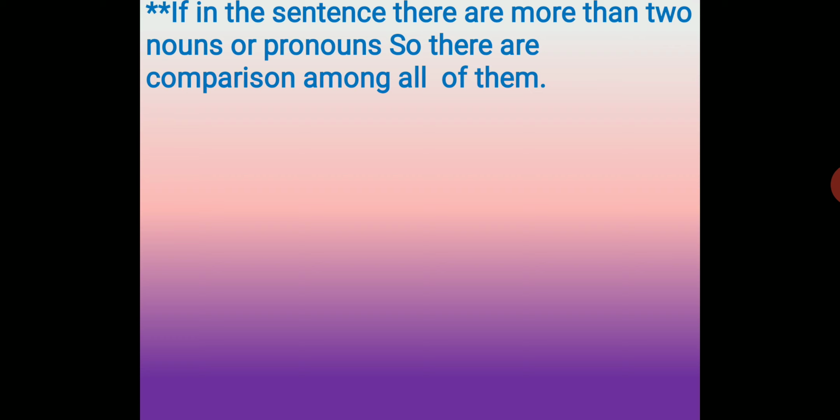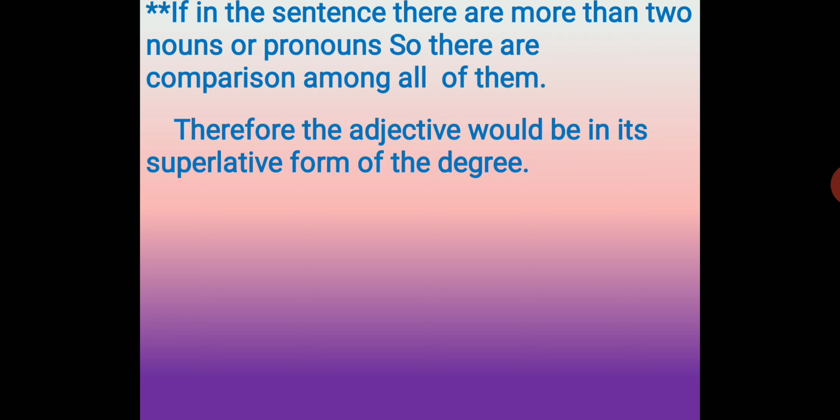More than 2, it can be 3, 4, 5, 6, 7, 10, 100, 1000, anything else. Then, in this kind of possibility, the adjective would be in its superlative form of the degree. If there is a comparison among more than 2 nouns, then the answer will always be in superlative form.